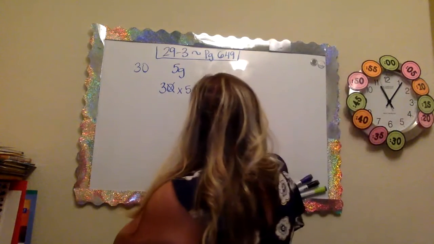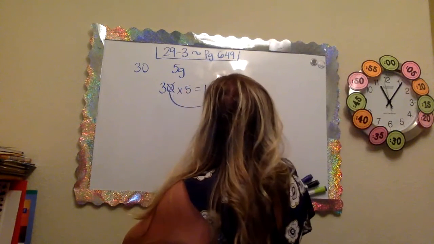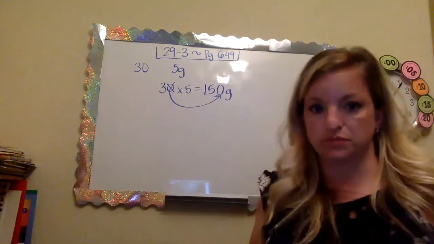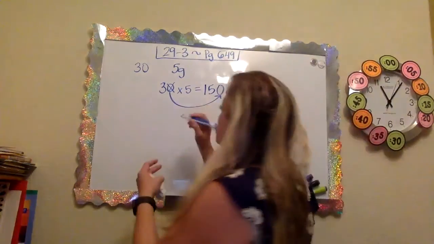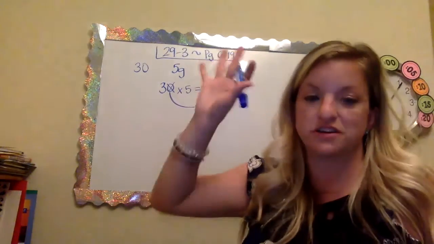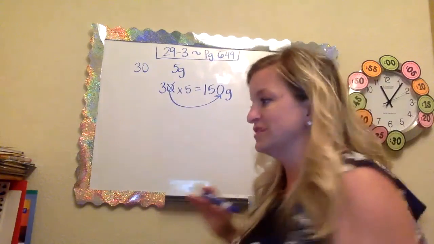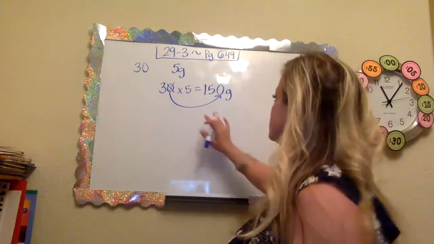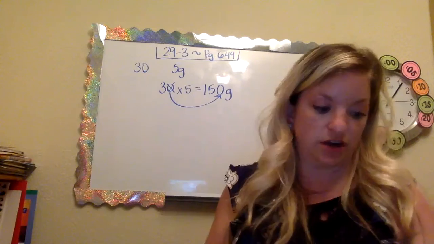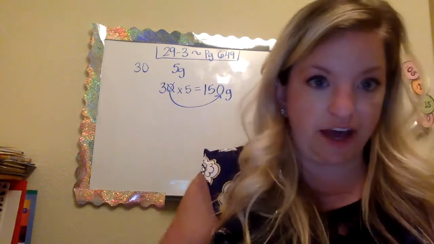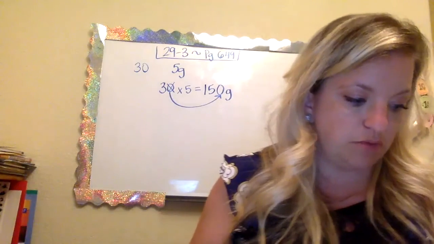But then you need to put the 0 back on. 150 grams. You could also do 30 plus 30 plus 30 plus 30 5 times, or 5 30 times. That's going to take you a lot of time. So this way is a better way. There are 150 grams in that bucket of change.